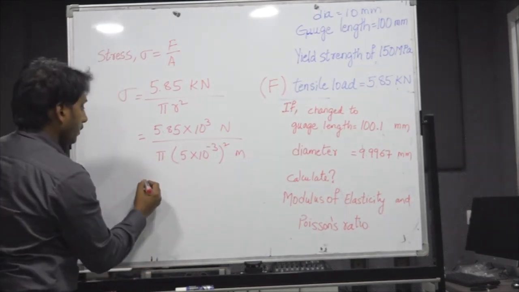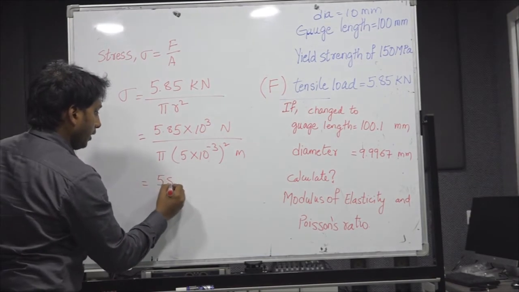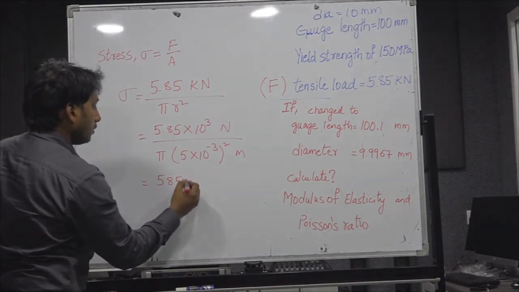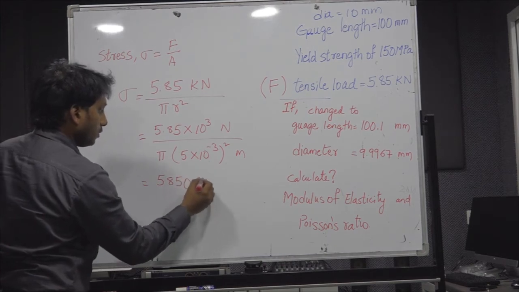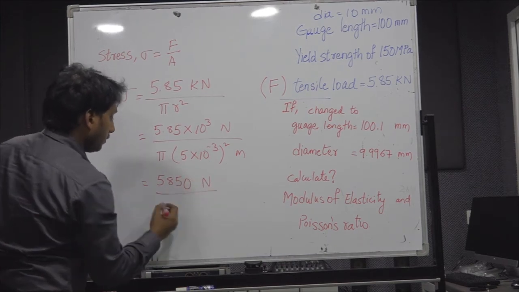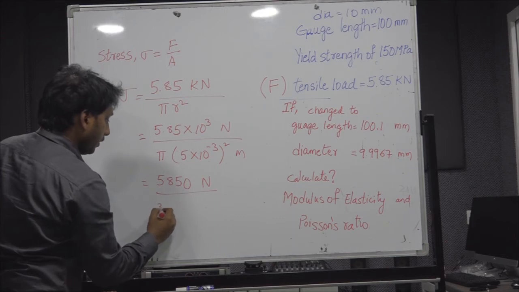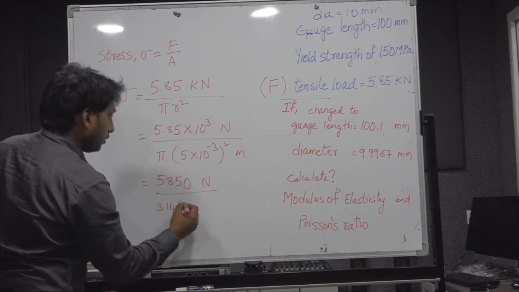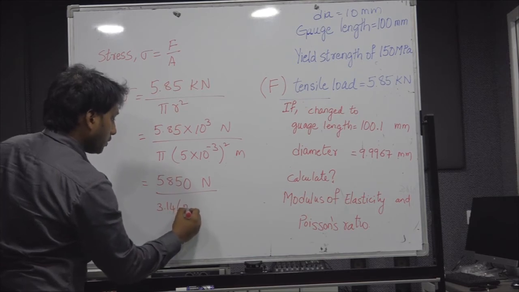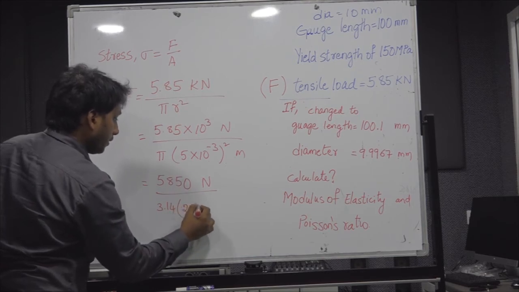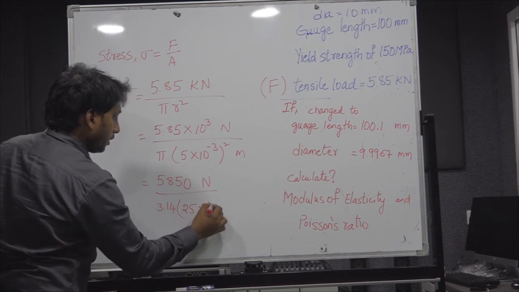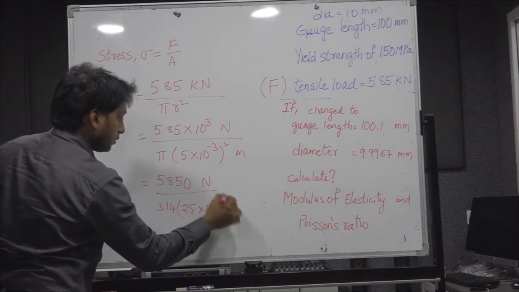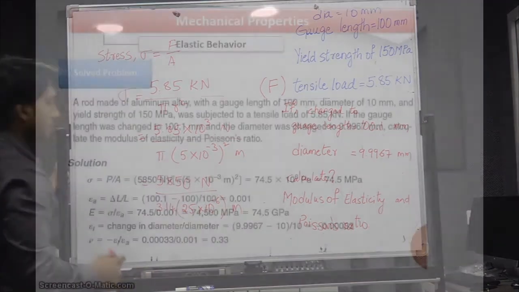So if you do this calculation, 5850 newton divided by pi, you can write 3.14, multiplied by 25 into 10 power minus 6 meter squared.